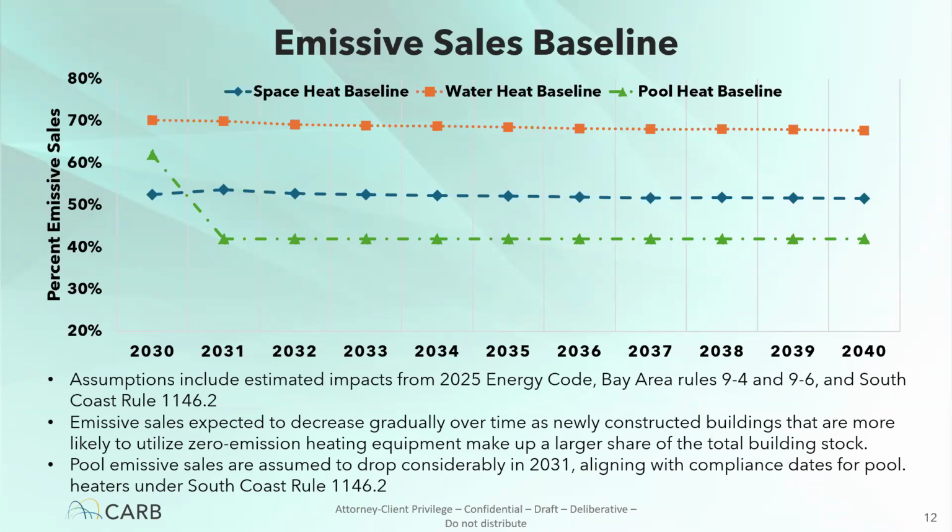Emissive sales in this baseline are expected to decrease gradually over time as the share of newly constructed buildings that are more likely to install zero emission heating make up a larger share of the total building stock. You can see here a notable drop between 2030 and 2031 in the emissive pool and spa heater sales, which is expected when South Coast Rule 1146.2 goes into effect for that equipment.